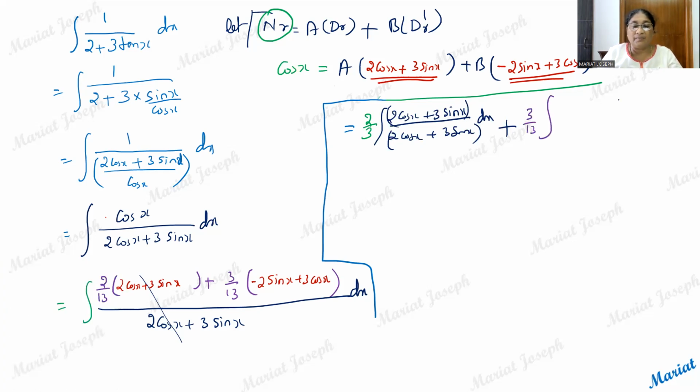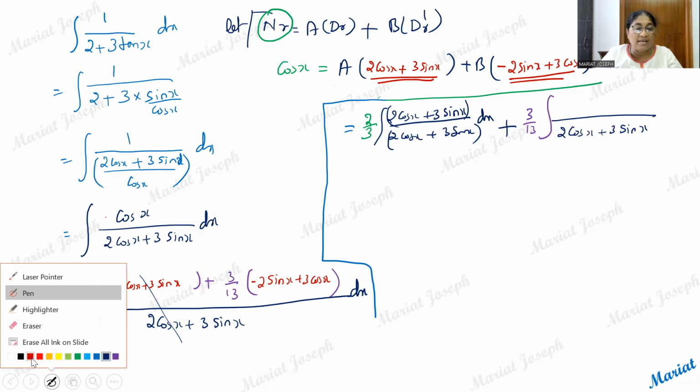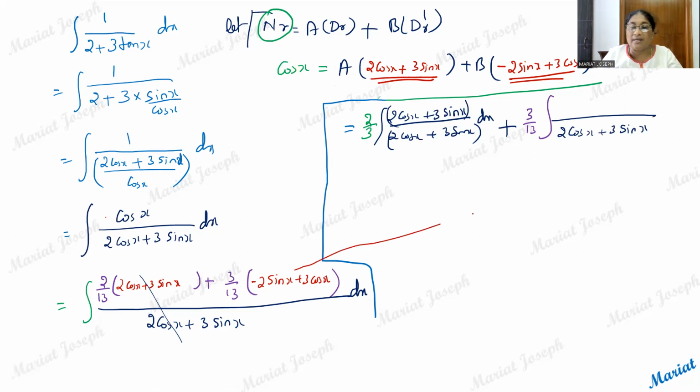Integral. There we have the denominator's derivative we have already created, where 2 cos x plus 3 sin x is in the denominator. And we have already created this here in the numerator. We have, what is it? Minus 2 sin x plus 3 cos x.